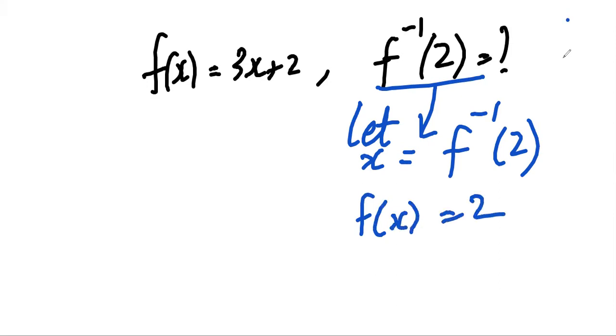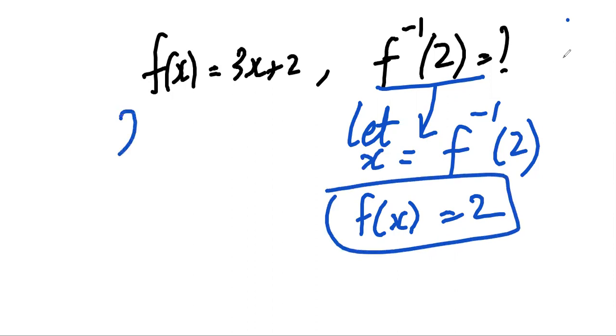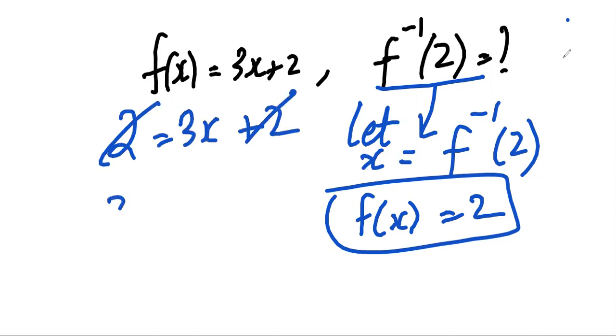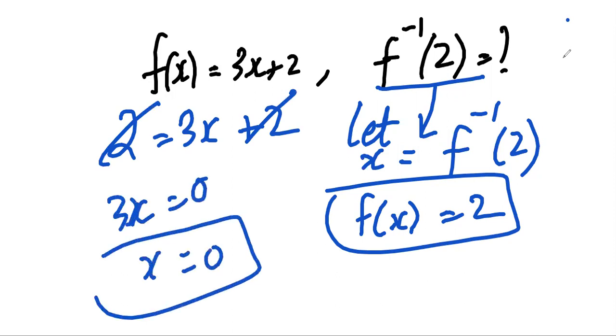Now we put 2 in 3x plus 2. Now 2 minus 2 is 0, and 3x is equal to 0, so x is equal to 0. It is a straightforward question. Okay, this is how you will solve the inverse questions in your aptitude test.